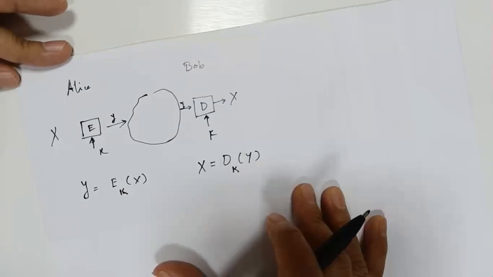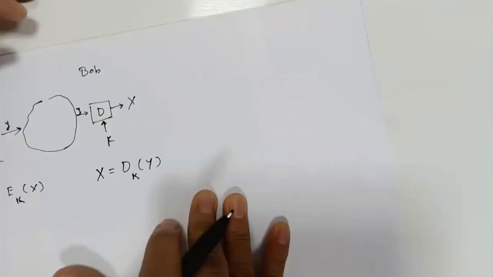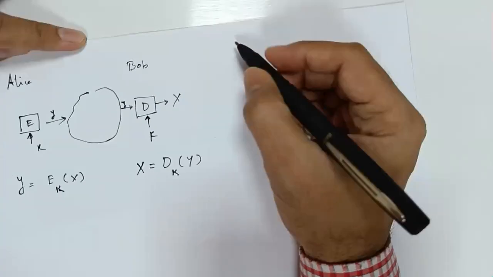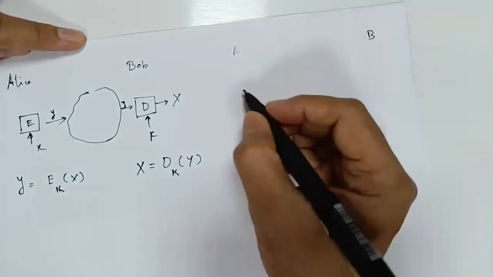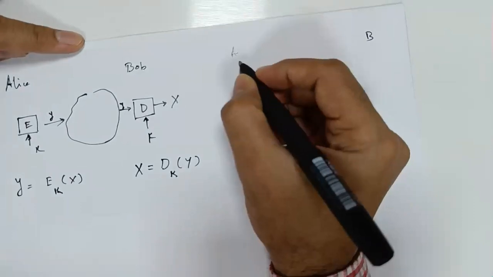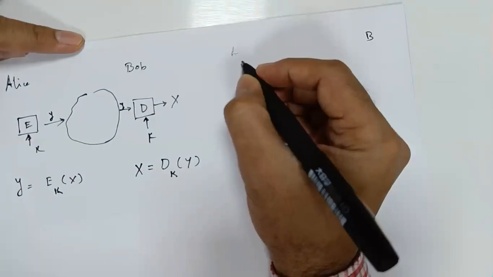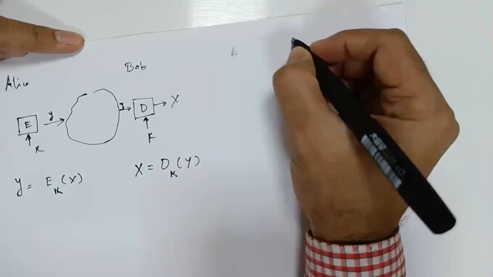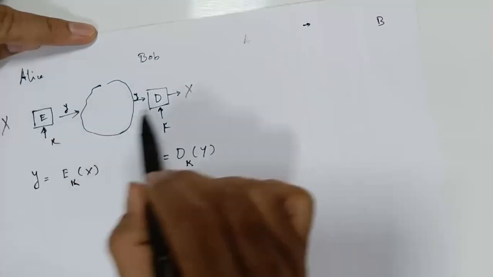In the other part, asymmetric key encryption, let's say this is Alice and this is Bob. Both of them will have their own public key and private key. Let us say Alice wants to send data to Bob.